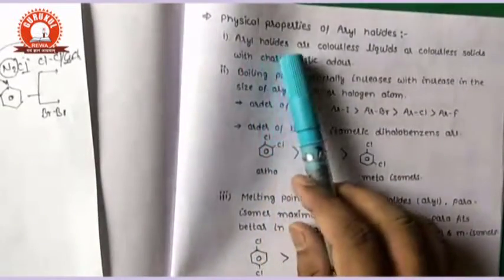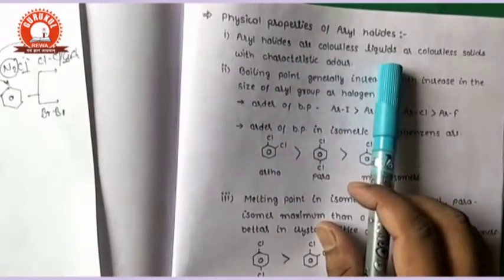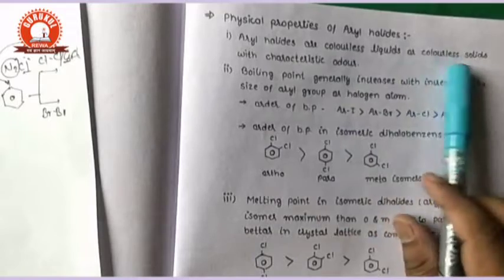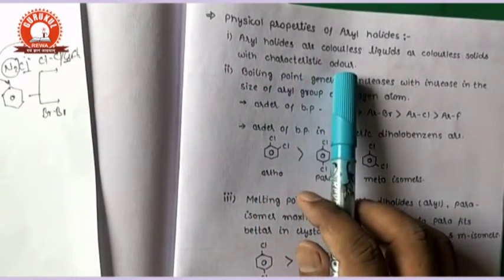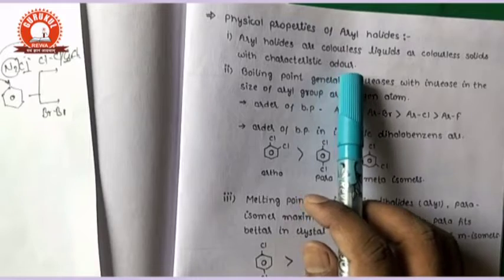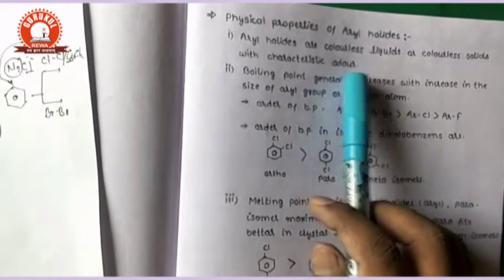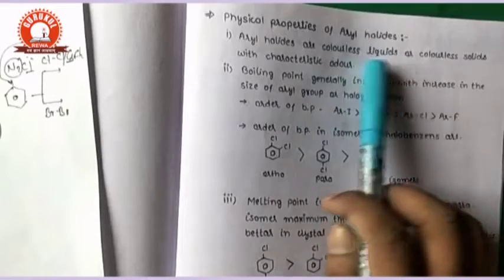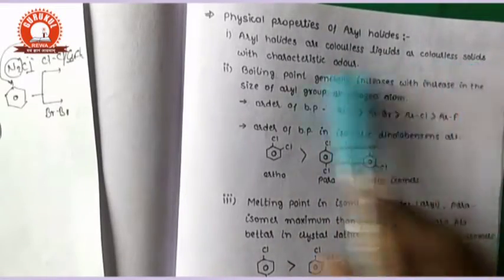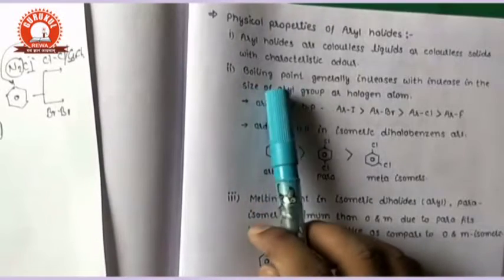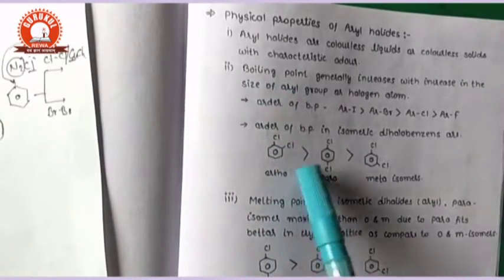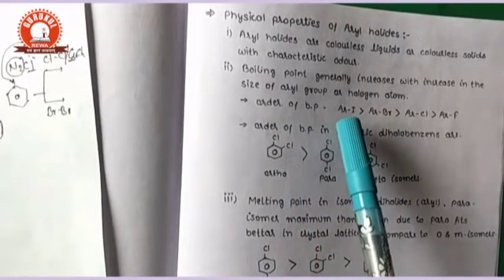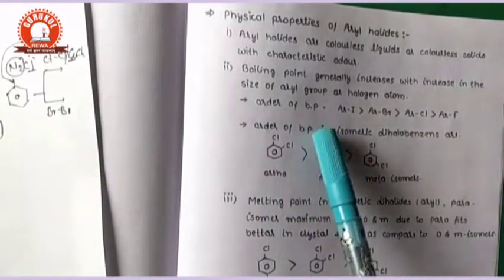First, aryl halides are colorless liquids. All are liquids or colorless solids with a characteristic odor, a specific smell. These may be liquid or solid, but they are not present in the form of gases. If we see boiling point, all the rules are the same as we see in the 11th class hydrocarbons.